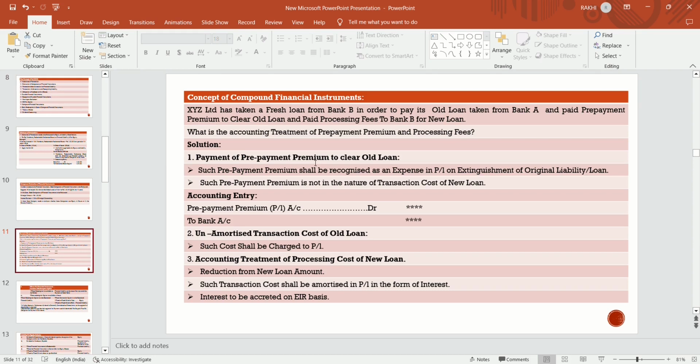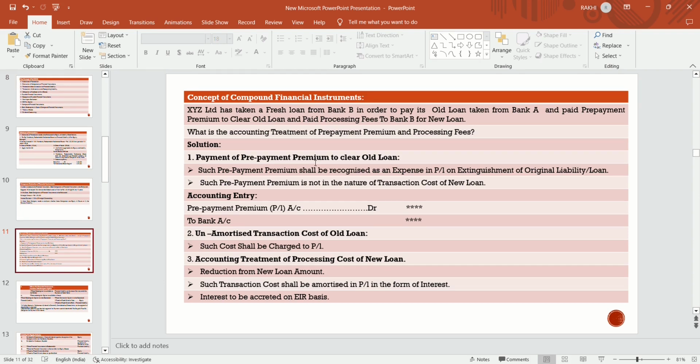Those prepaid charges are to be recognized as an expense in the profit and loss account and will not be treated as transaction cost, because they are not in the nature of transaction cost. It is not an incremental cost to go into the transaction. Such prepayment premium is not in the nature of transaction cost of the new loan.